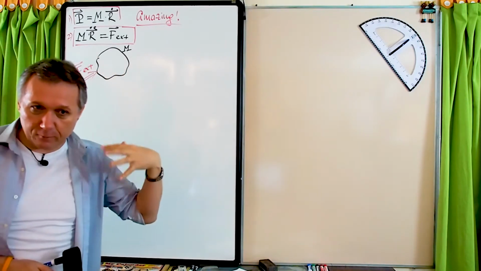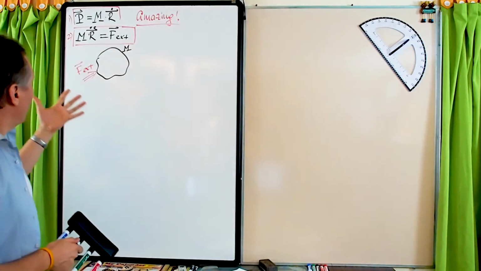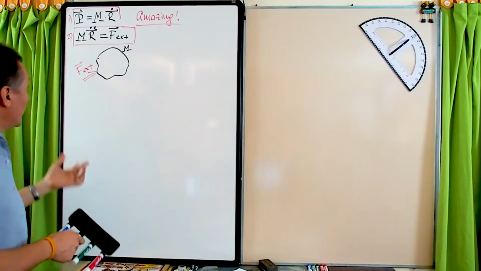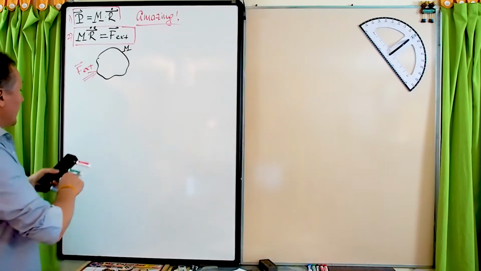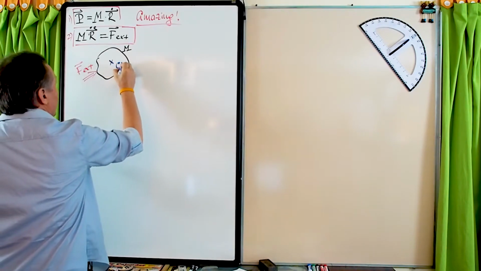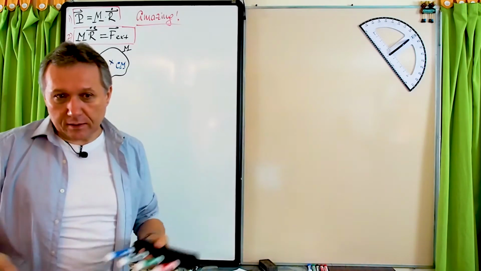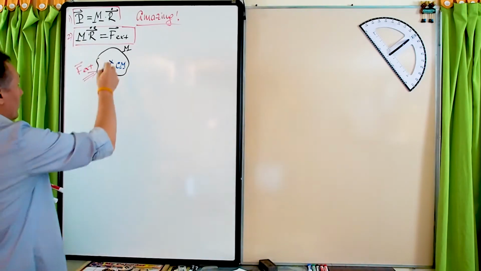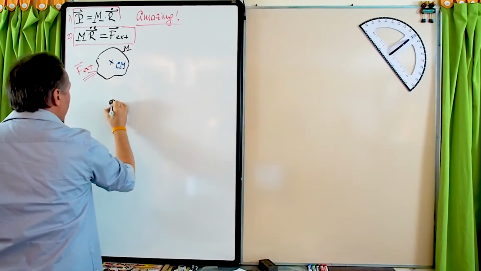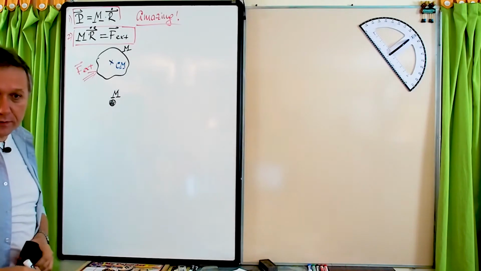We want to be like fortune tellers predicting the future of the system. At least we want to get at least something. Okay, and now we're getting this. It looks like if we find the center of mass, and we spent the whole previous class finding centers of mass, and now squeeze the whole system at the center of mass, creating basically a fake particle, a fake point mass with mass m capital.